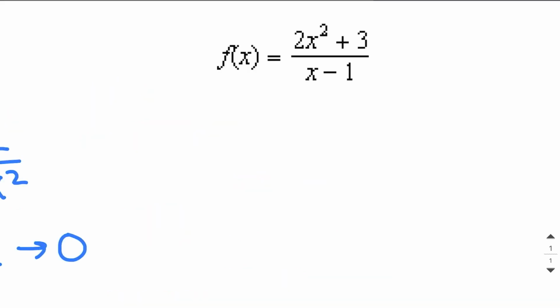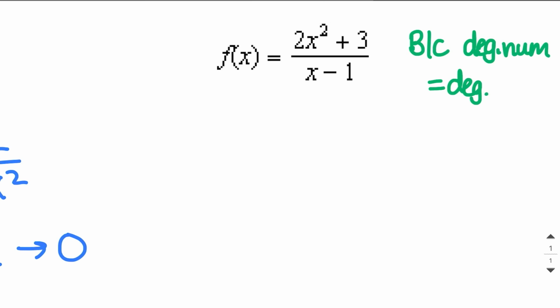Okay, so now in this last example, this time the degree of the numerator is 1 more than the degree of the denominator. So because the degree of the numerator is equal to the degree of the denominator plus 1, we will have an oblique or a slant asymptote.